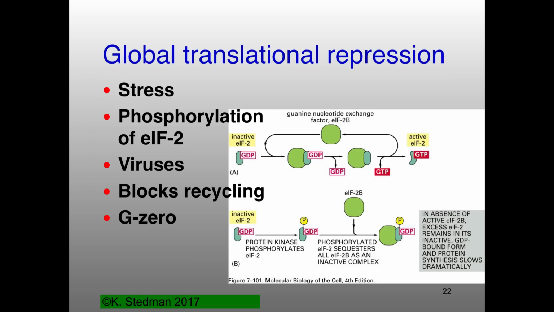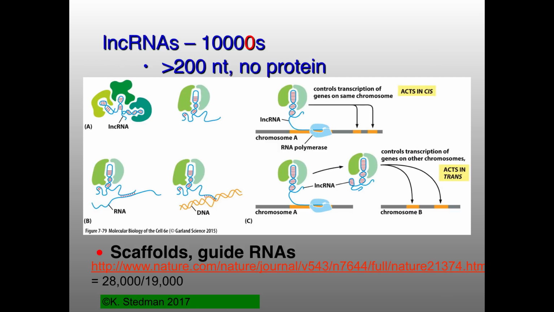We talked about translational initiation. Translational initiation is completely dependent on getting that initiator tRNA to the AUG, and then hydrolysis of GTP when that happens. If you stop that GTP hydrolysis from happening by not allowing GDP to bind to your initiation factor, then you can block any kind of translation.